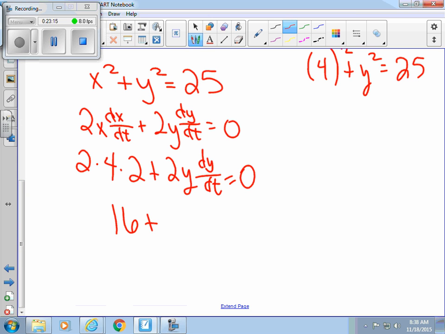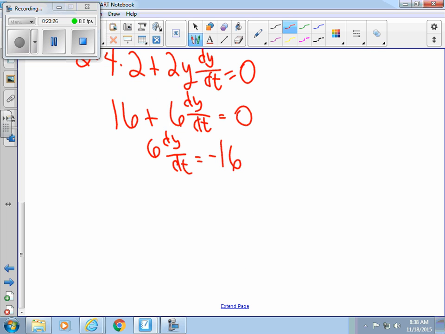16 plus 6 dy dt equals 0. 6 dy dt equals negative 16. dy dt is negative 8 thirds.